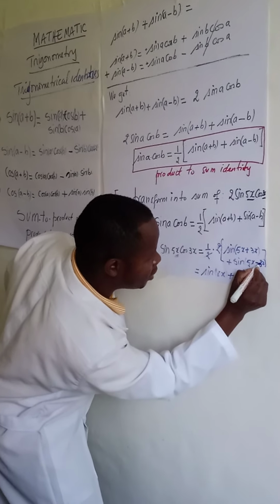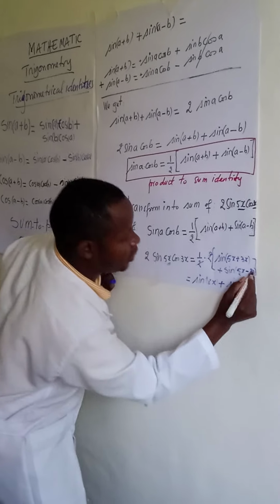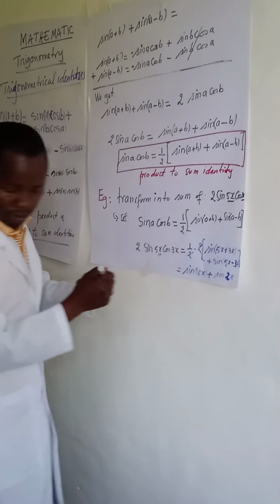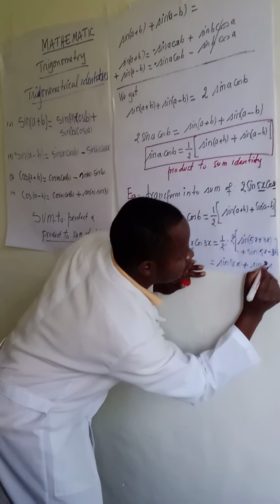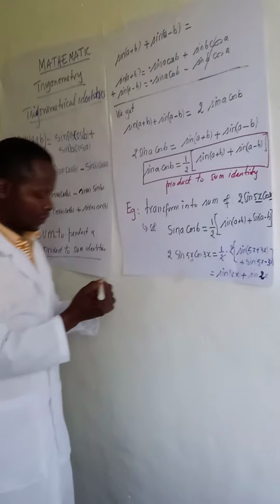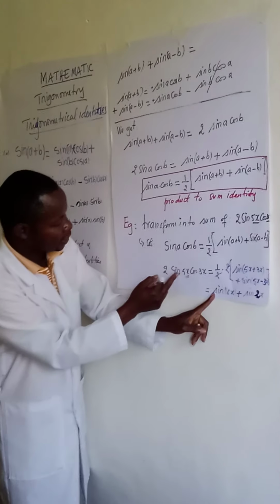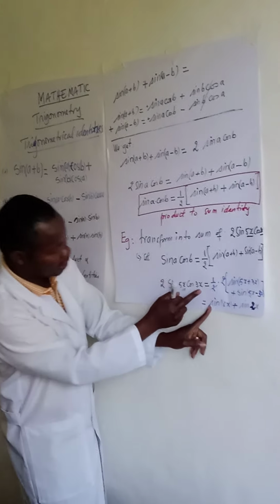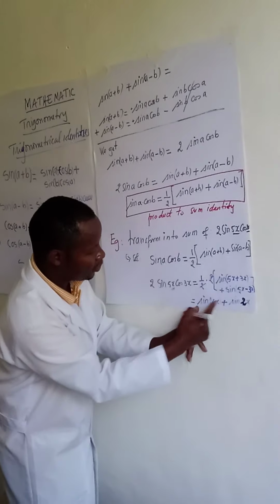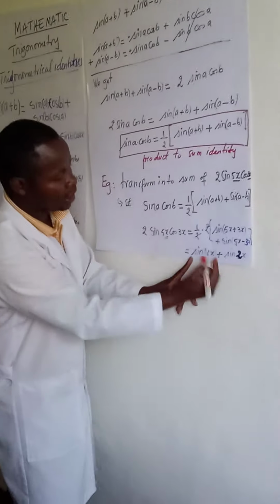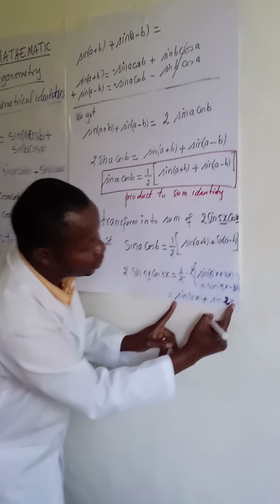Oh, I made a mistake. 5 negative 3 gives us 2x. So this is the way we can transform sine of 5x cosine of 3x into the sum. So it is equal to sine of 8x plus sine of 2x.